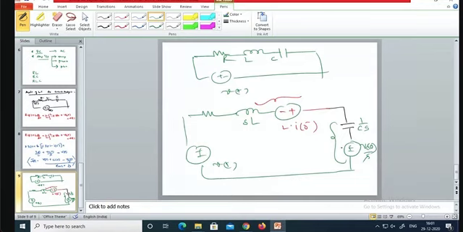So that is how you can include the Laplace transform application to circuit analysis.